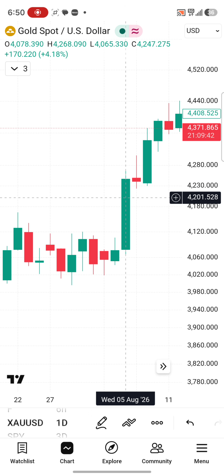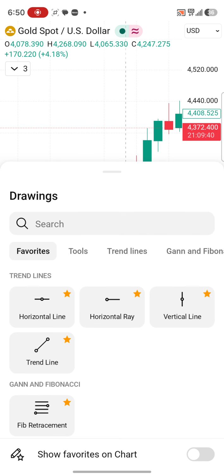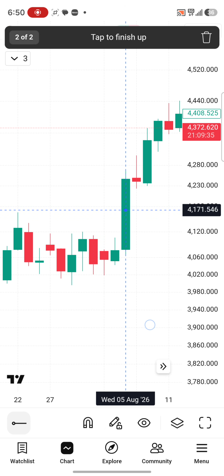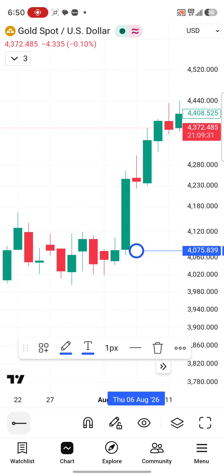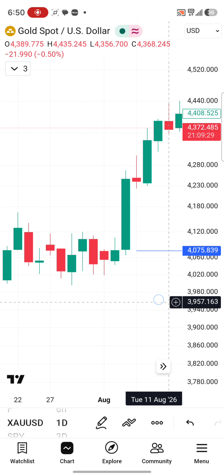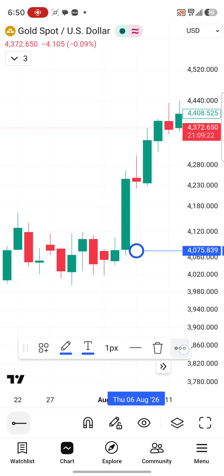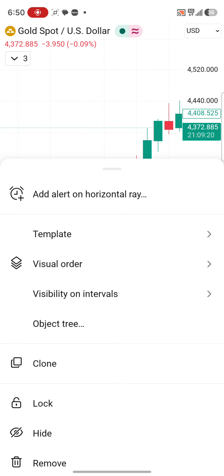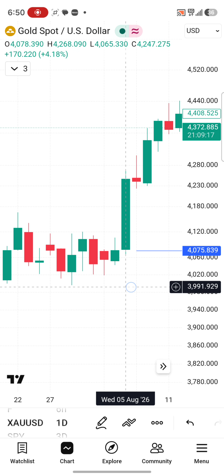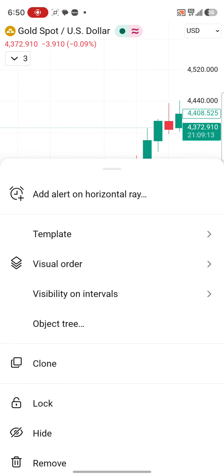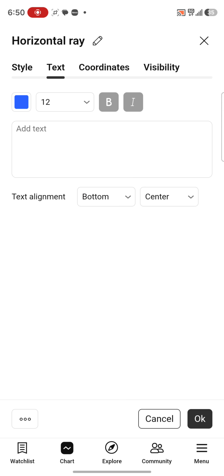So if you ever want to draw on your chart and be real precise, you can go here, and then you know that the high of this one is 4268.09, right? Hold up, I just forgot it that quick. 4268.09. You can go in.